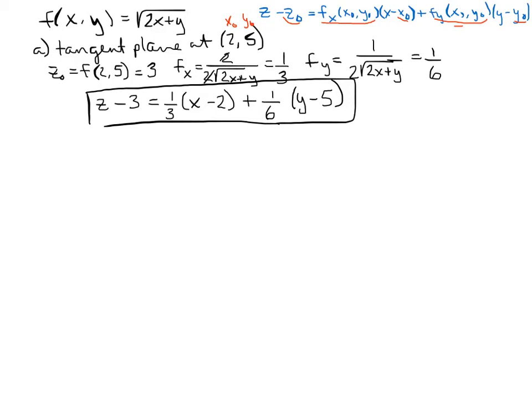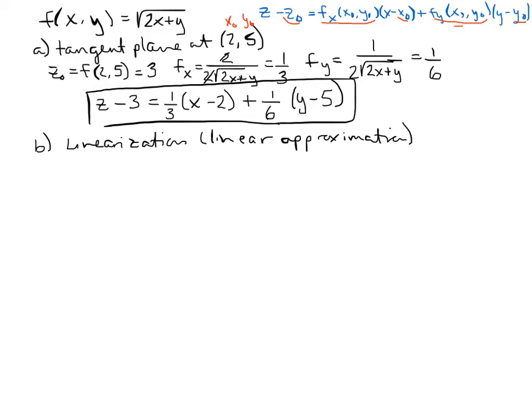Okay, now let's find the linearization. So the linearization is the linear approximation. In this case, we're using a tangent plane to approximate a z-value.